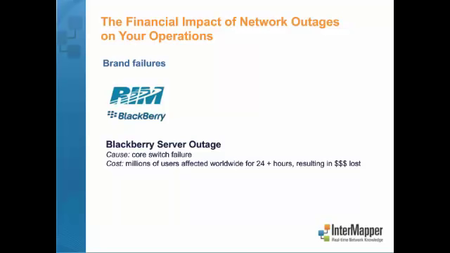Now, for a company that's currently battling with the likes of Apple and other Android devices in that market space, you cannot afford to have a 24-hour outage based on a core switch failure. As a customer, I'm banking on you having your stuff together. I'm banking on you having the proper infrastructure, the proper applications in place so you can continue to provide me with the service that I'm paying for. So again, this was a big outage, big black eye for BlackBerry. This kind of pushed them back in the race a little bit.